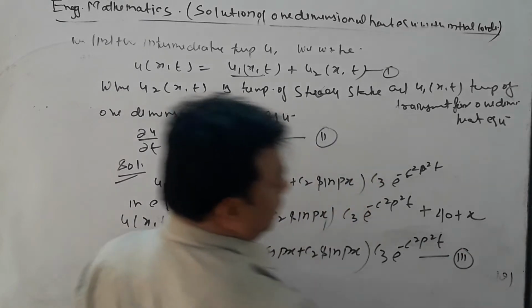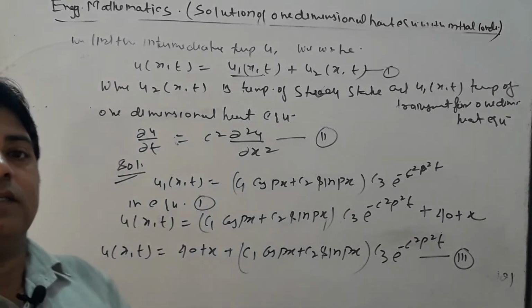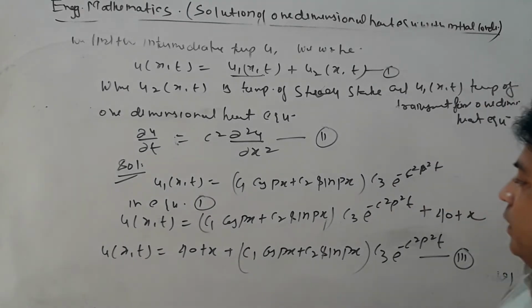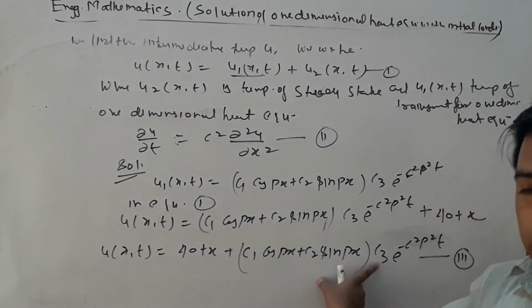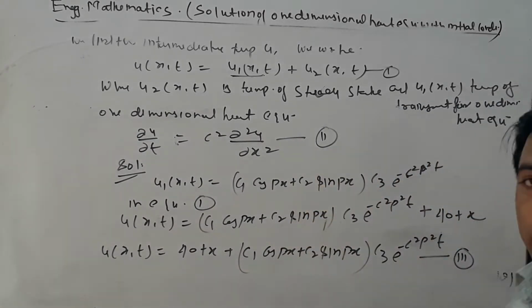This is the third equation. In the previous question the steady state u2 was 0 and 0, so we got 0. But the steady state temperature in this question is 40 plus x.